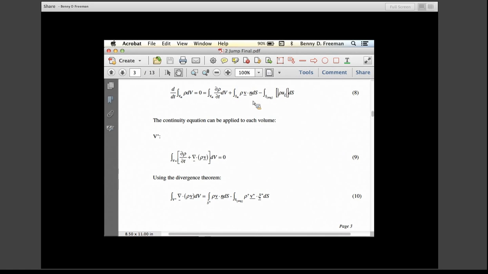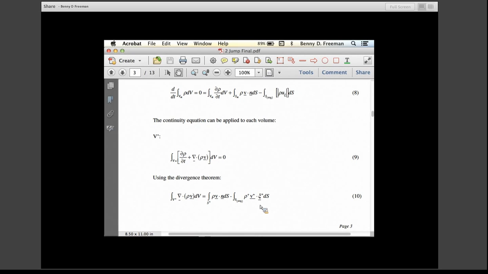So we can apply the divergence theorem to the flux term, and you'll remember the divergence theorem allows you to convert a volume integral to a surface integral, right? And so this converts the integral of the divergence of the flux over the volume into an integral over the surface, and the surface is broken up into two pieces. S plus is the part of the material volume that's on V plus, and S singular is the surface area associated with that phase interface.